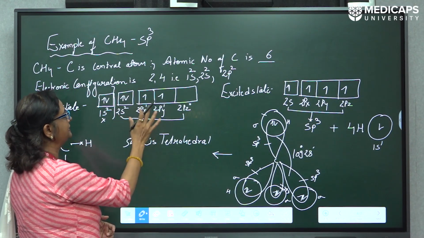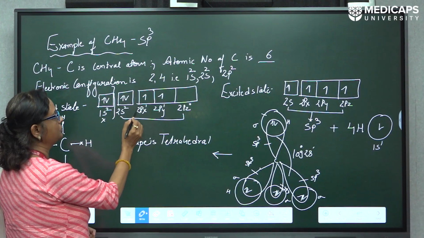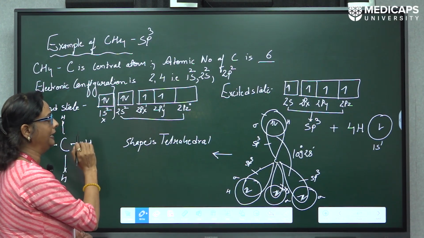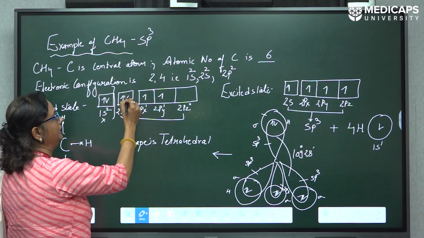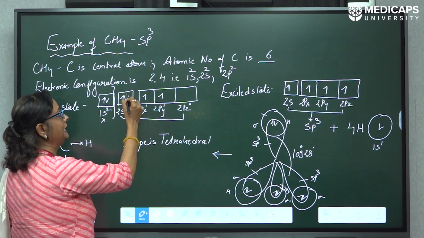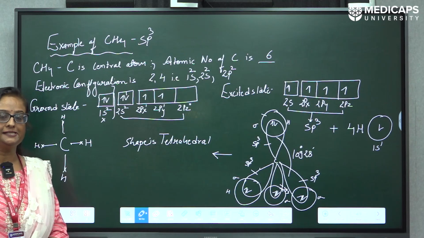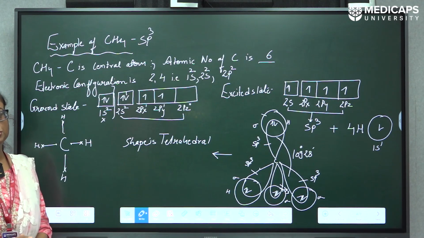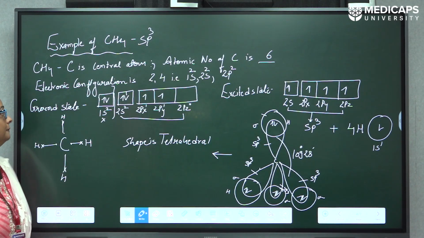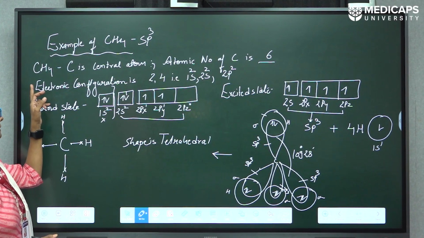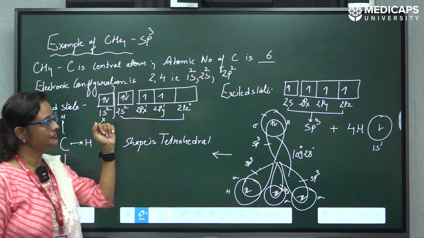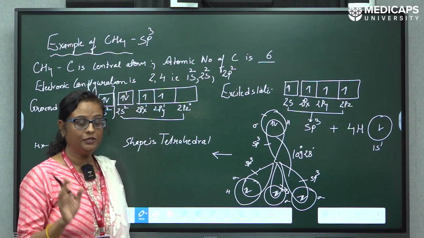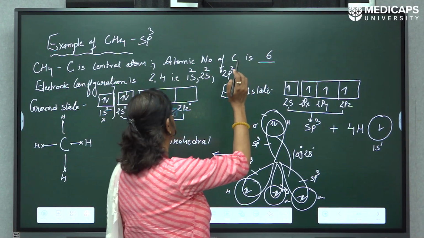Let's take an example of sp3 hybridization with the help of methane. In methane, the formula is CH4, the carbon is the central atom and its atomic number is 6.